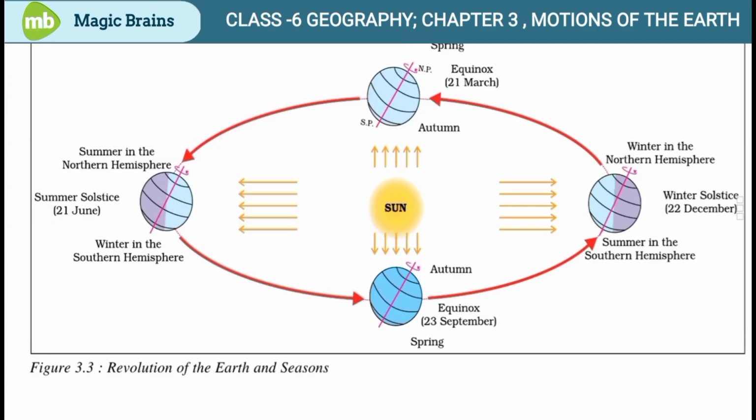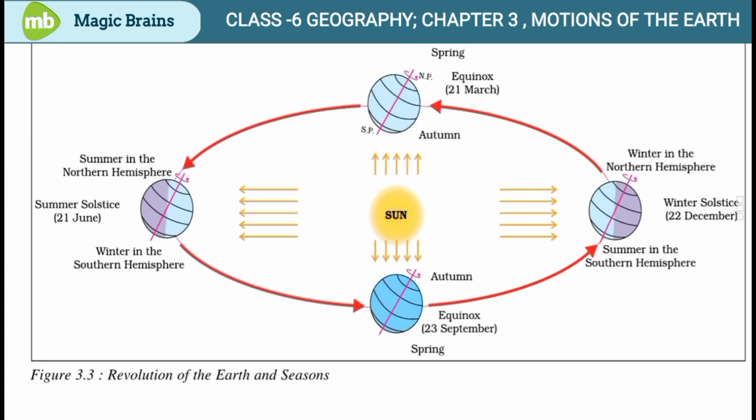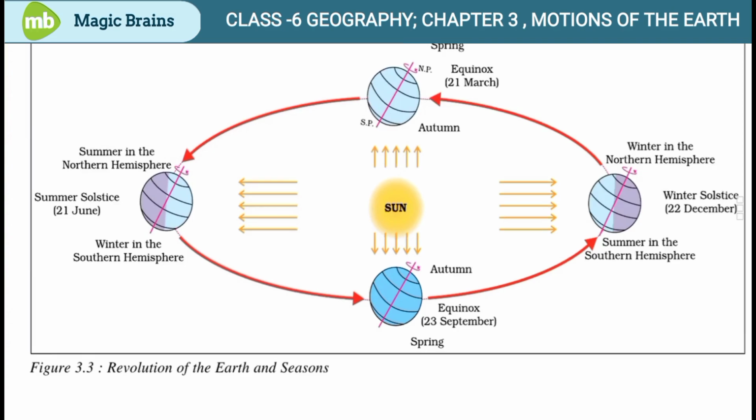Summer solstice, 21st of June. We also see autumn, spring, equinox on 23rd September. Further, we see winter in the northern hemisphere, summer in the southern hemisphere. That is winter solstice on 22nd of December.